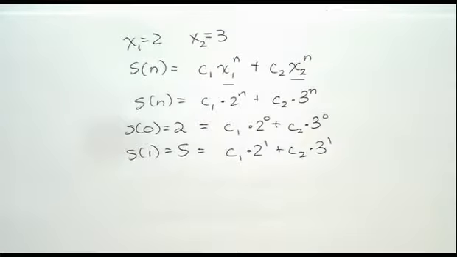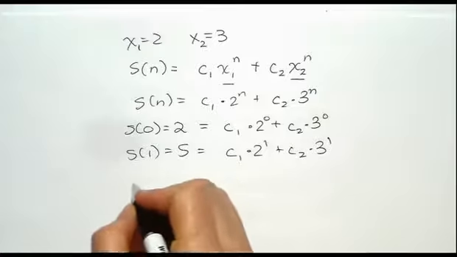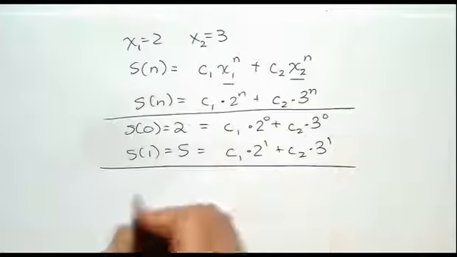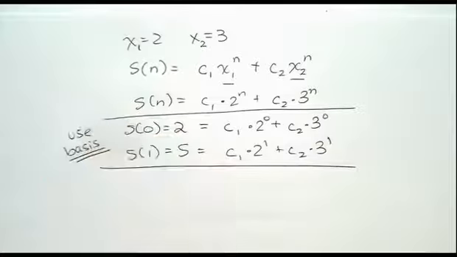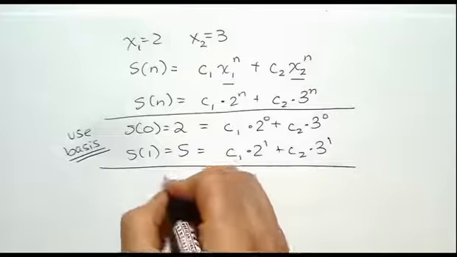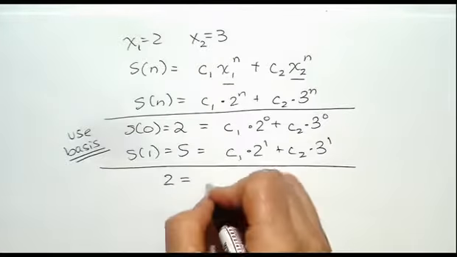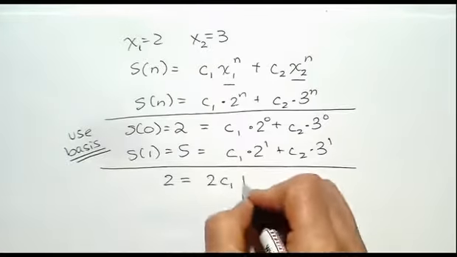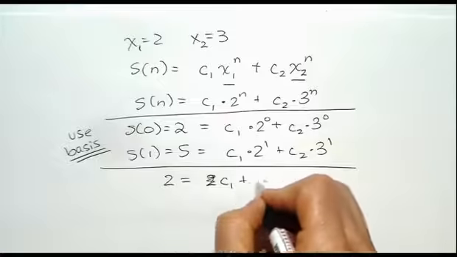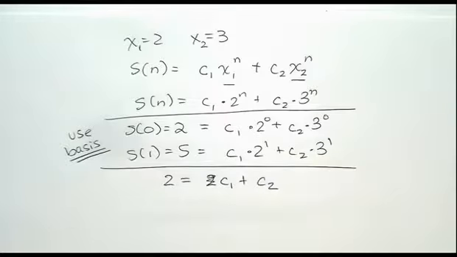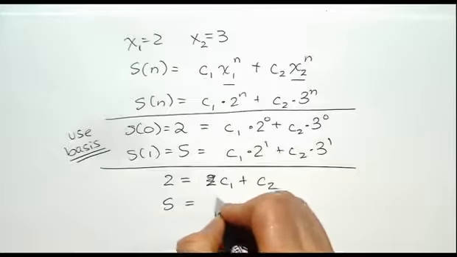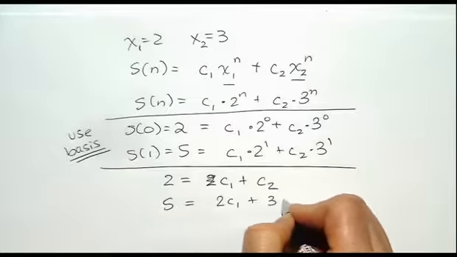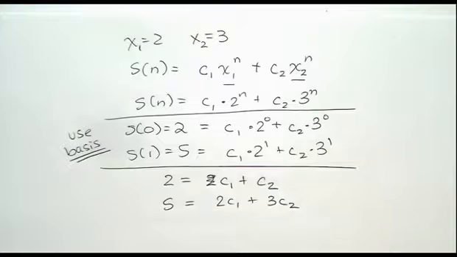And then I'm actually going to figure out what those are. I need to get rid of the 2 to the 0s and stuff because they're distracting. So that's just C1 plus C2, because 2 to the 0 is 1 and 3 to the 0 is 1. And 5 is going to be equal to 2C1 plus 3C2.